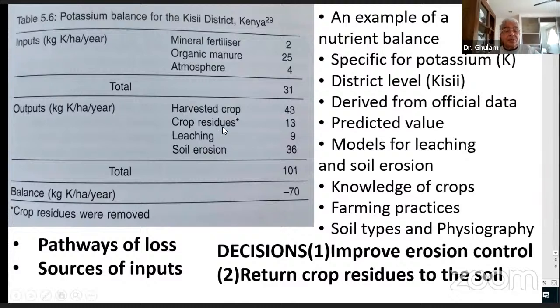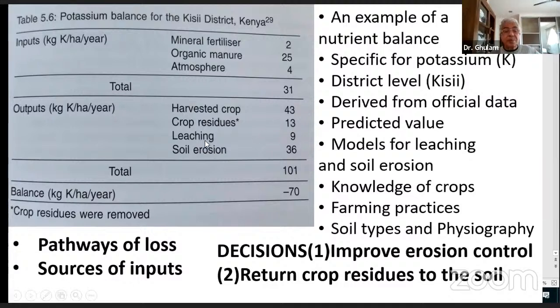And the outputs, the crops were harvested. So he calculated that from the crops in 1 year and on 1 hectare, 43 kilograms of potassium were lost by harvesting the crop. That is the purpose of the agriculture anyway, to harvest the crops. So the 43 there, and then the crop residues, only 13.